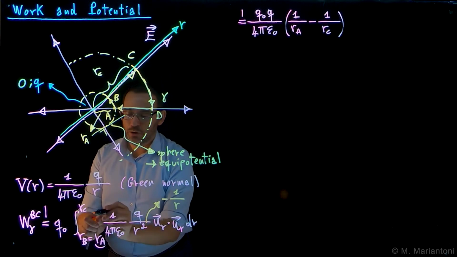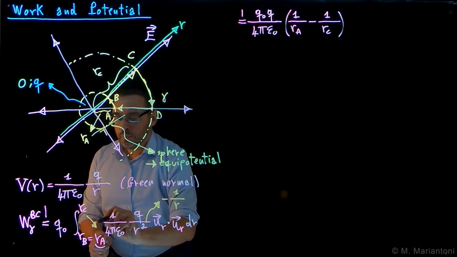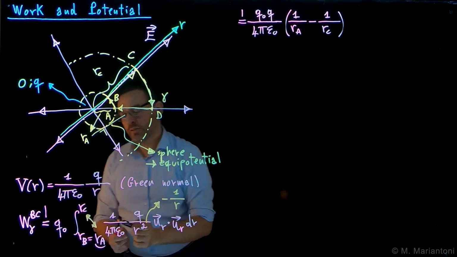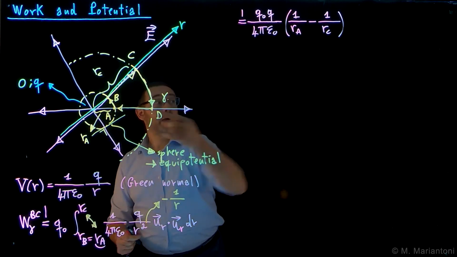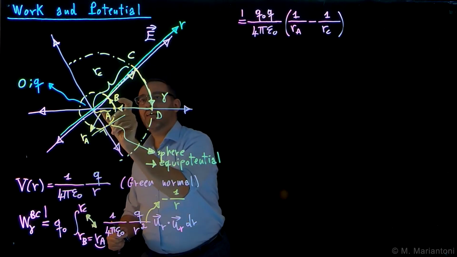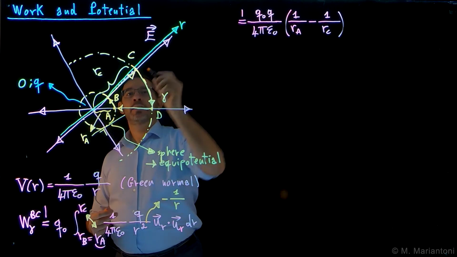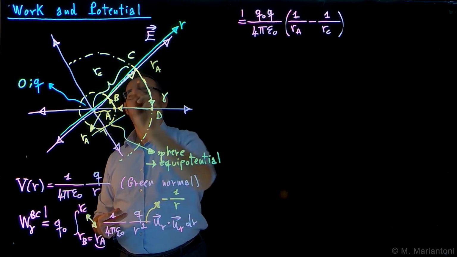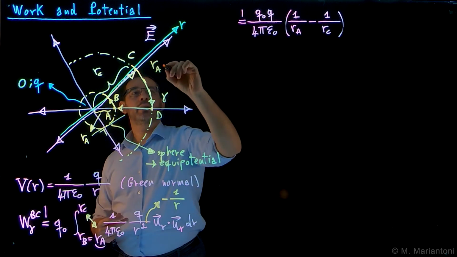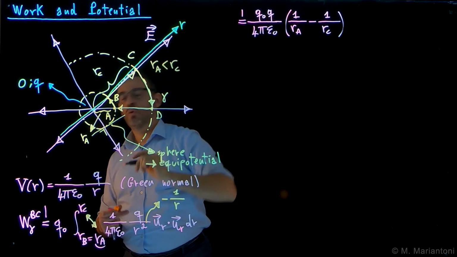Okay, so I invert these two limits of integration accordingly. So effectively from C to A, so I need to do A minus C. And remember that A is smaller than C. So clearly here, it so happens that RA, this distance, is smaller than RC, definitely smaller than RC.